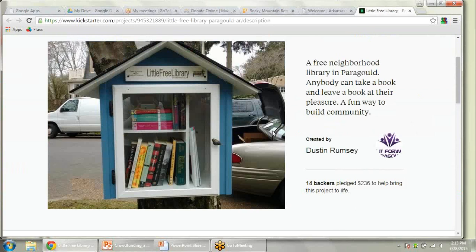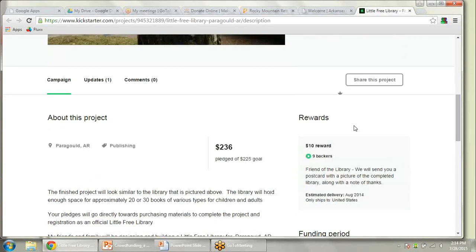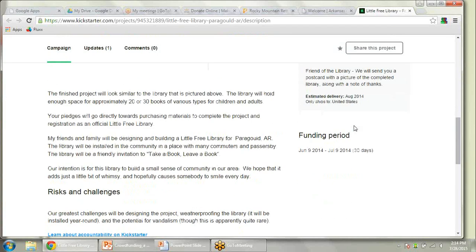This is an example of not having a very high goal. The campaign lasted only 30 days and raised $236 in Paragould. Paragould is not a very big place.